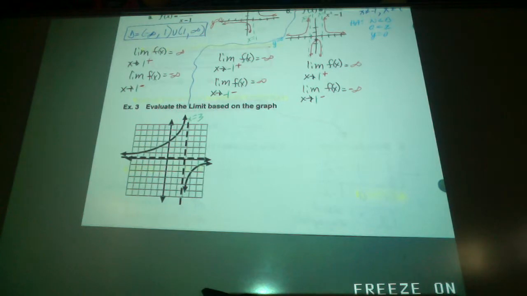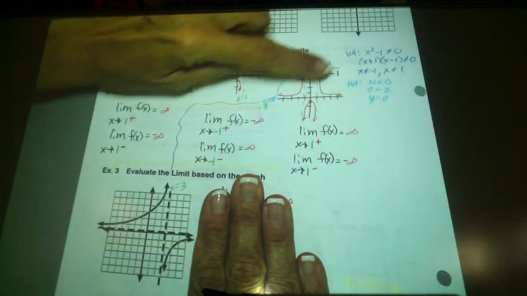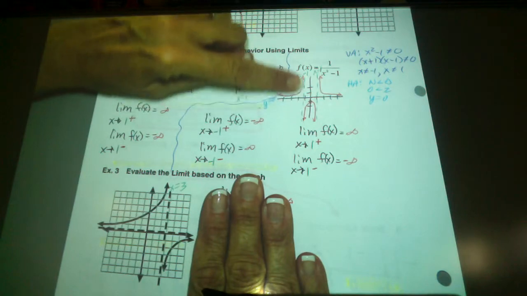Is it because you looked at the right side of negative 1? That's the right side of the vertical asymptote of negative 1. So for instance, on this one, here's your vertical asymptote of negative 1.